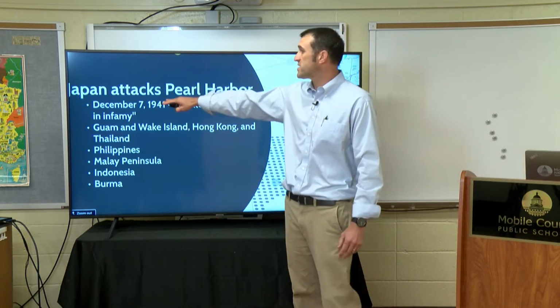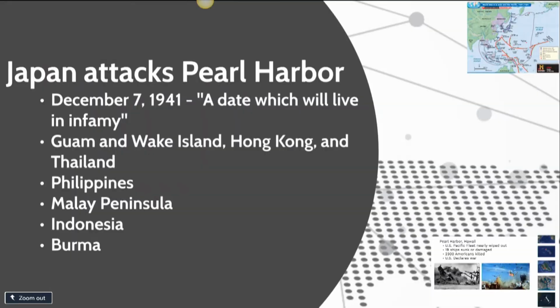On December the 7th, 1941, which President Roosevelt would call a date which will live in infamy, the Japanese launched a surprise attack on U.S. forces, the U.S. naval forces there at Pearl Harbor.